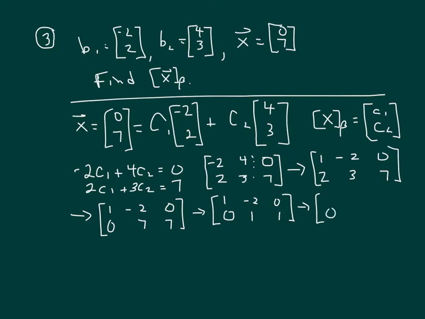And then to get that last 0, we multiply the second row by 2 and add to the first row, and we get 1, 0, 2. So that's going to give us c1 equal to 2 and c2 equal to 1. And so the coordinate vector of x with respect to this basis b is equal to (2, 1).